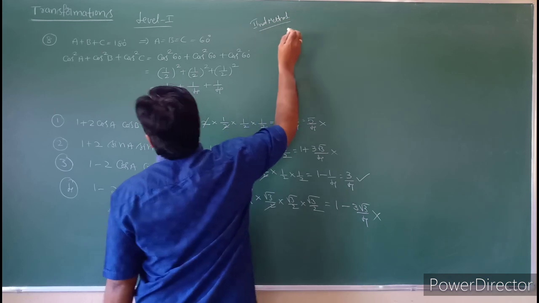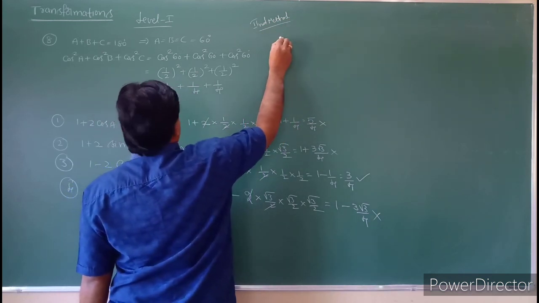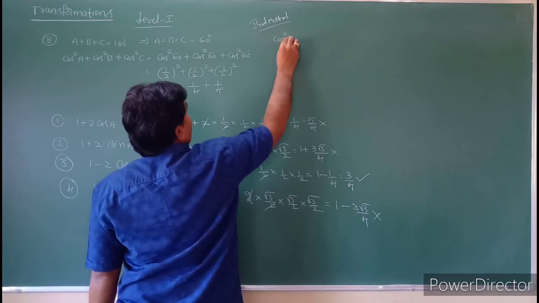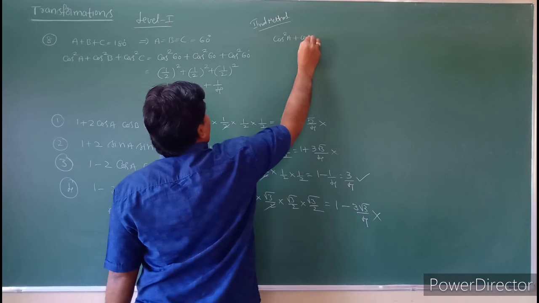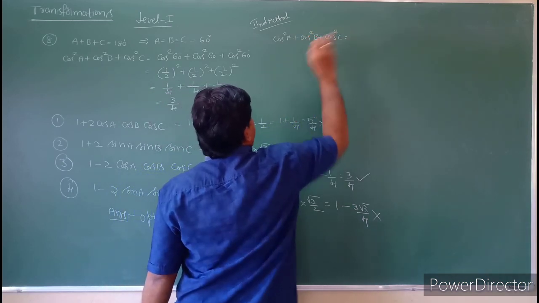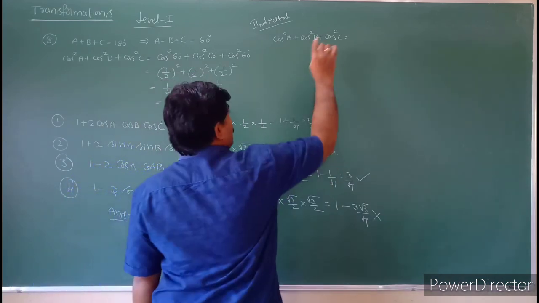So it is lengthy, but see here, students. A plus B plus C is equal to 180. They are asking cos square A plus cos square B plus cos square C is equal to, so how can you take this?